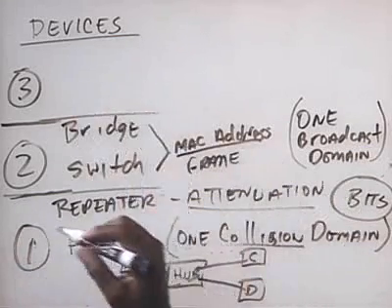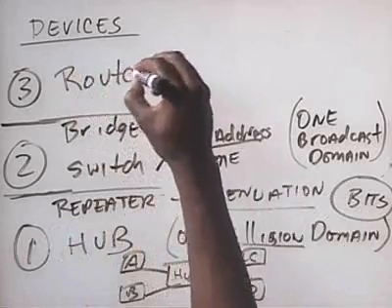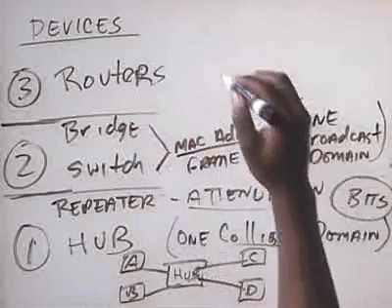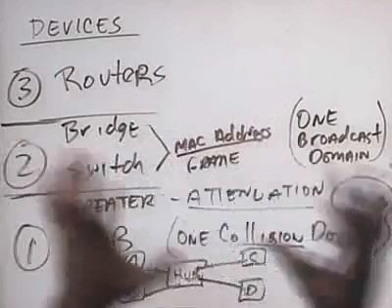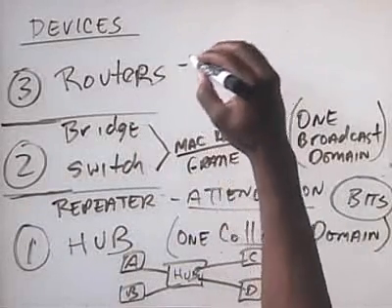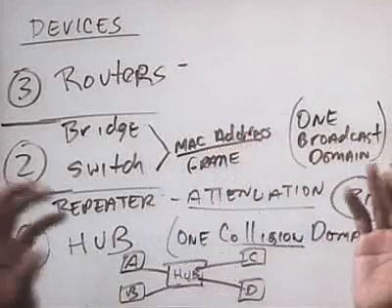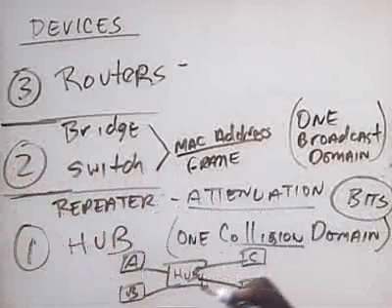This brings us to layer 3. At layer 3, we use routers to create multiple broadcast domains, or to route between multiple broadcast domains. The purpose of a router is to route packets from one network to another, or to route packets from one broadcast domain to another.